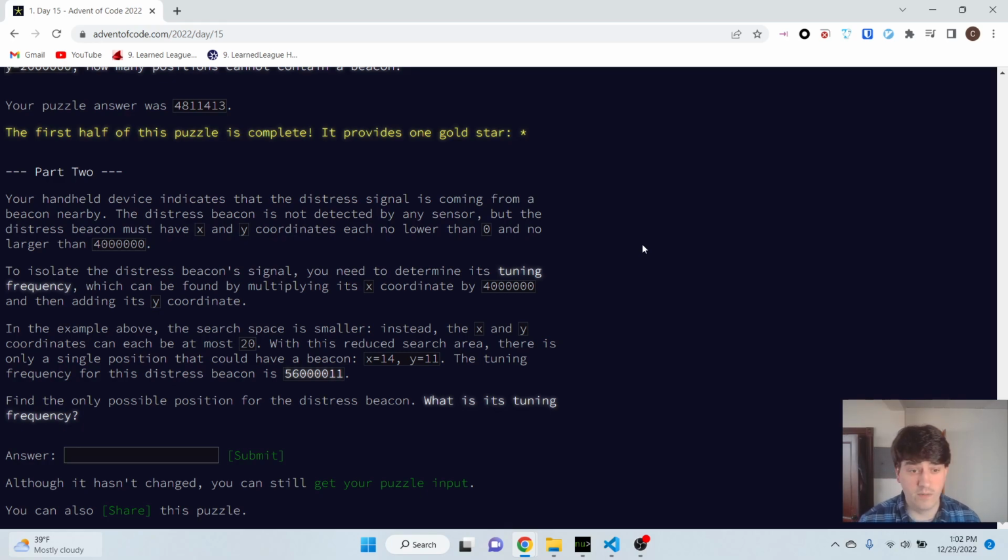And so we'd like to avoid doing that. Now, obviously, we won't actually search every single case because we'll find the answer at some point. We know that there's a unique possible position for the distress beacon. So, maybe naively we would expect to search half that space. That's still something times 10 to the 12. Big number.